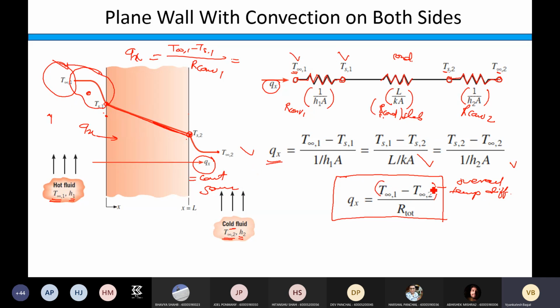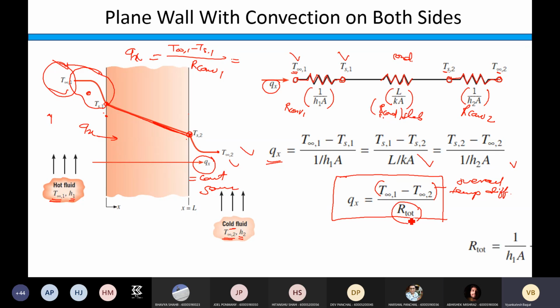This is our overall temperature difference or driving potential. Now if I divide this by all the resistances from this point to this, then also it is correct for Qx. So that's why this is written as R total, the total thermal resistance. Is it clear?